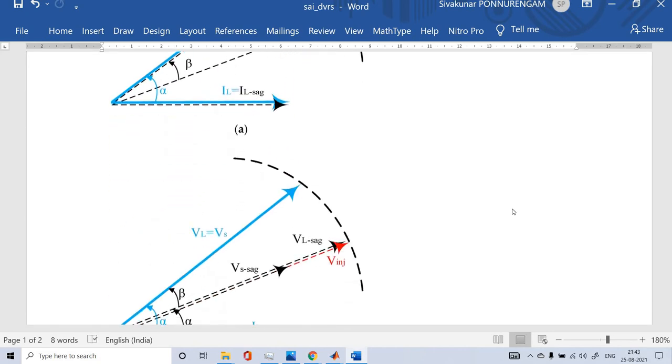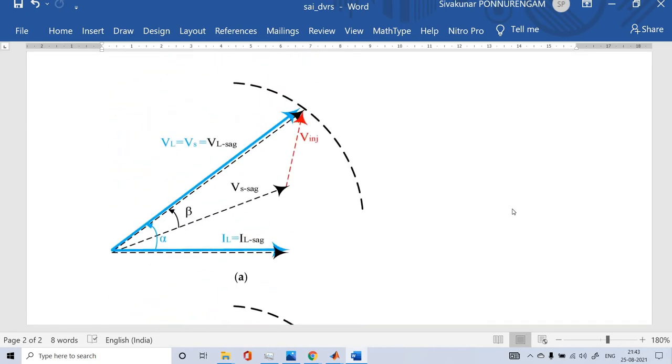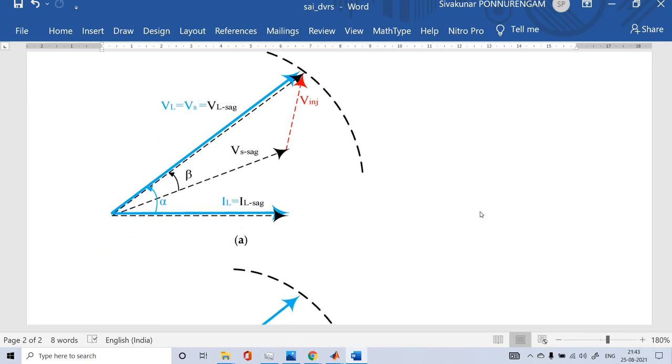So what is the basic concept? All the FACTS devices, flexible AC transmission devices, inject a voltage with respect to the line current. It can inject the voltage at 90 degrees, in phase quadrature with the line current.